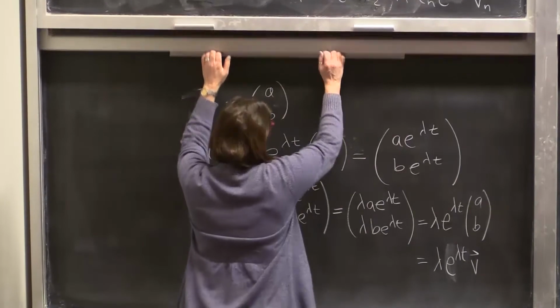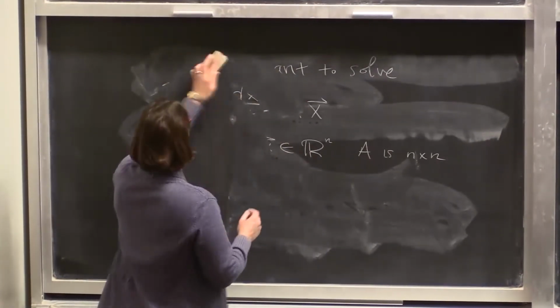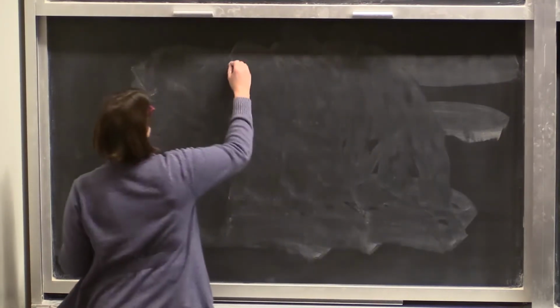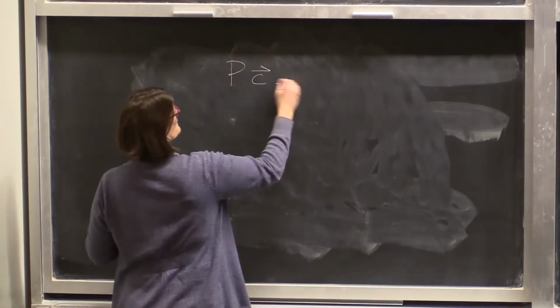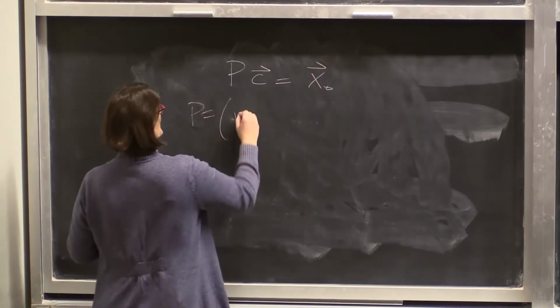And in general, all you have to do to find C is solve this problem, where P is the matrix built out of the eigenvectors.